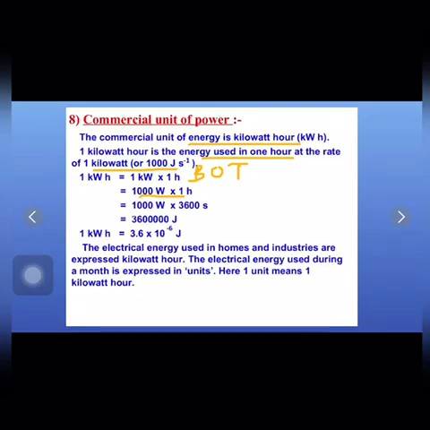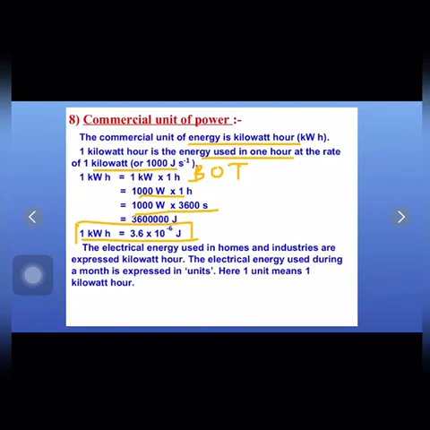When we put all these values, we get 1 kilowatt hour is equal to 3.6 into 10 raised to the power 6 joules.